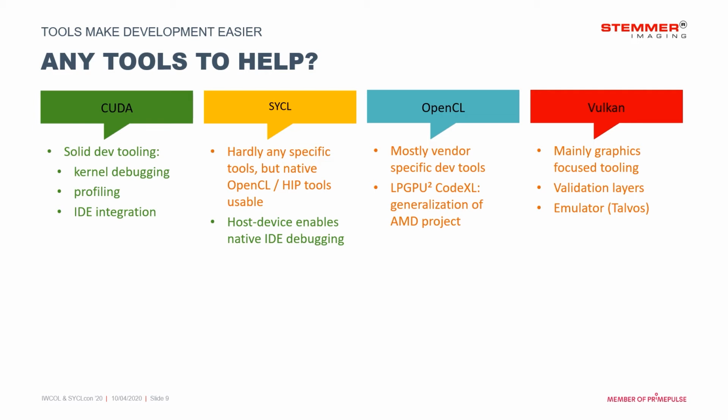When talking about Vulkan, tooling for compute-specific tasks is a little bit rare, but there's graphics tooling available. And some of this graphics tooling can be reused for compute tasks as well, for example, profilers or similar. Also, there are the validation layers.